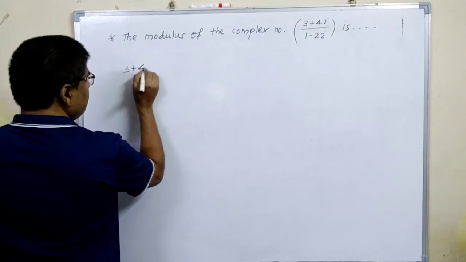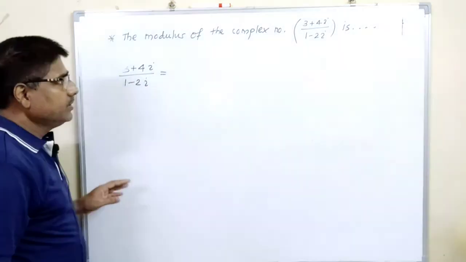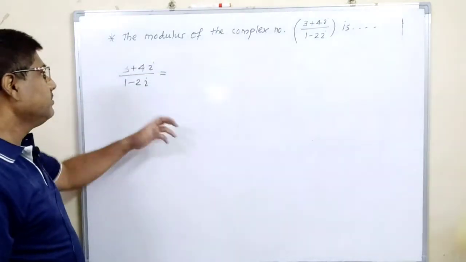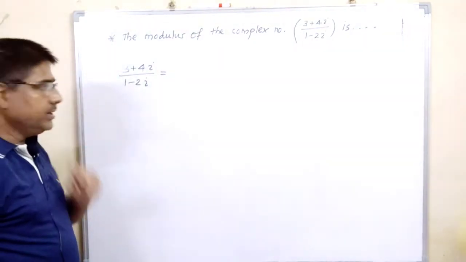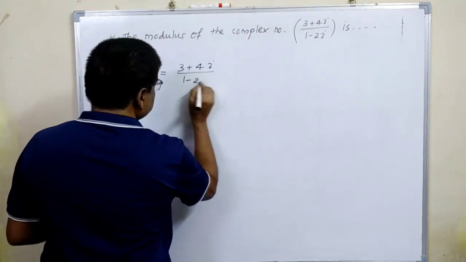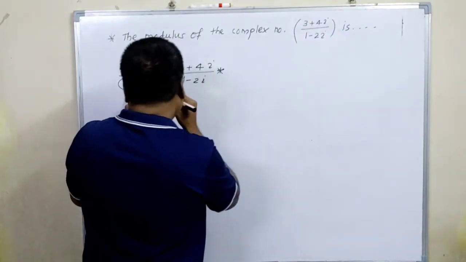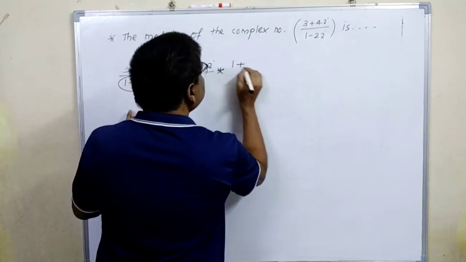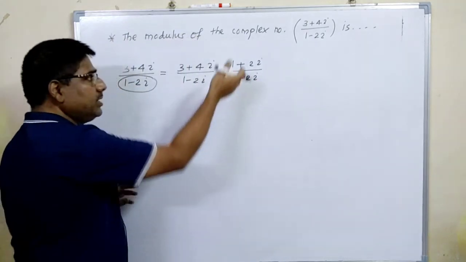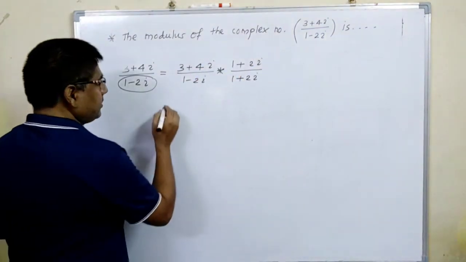To do that, multiply the numerator and denominator by the complex conjugate of the denominator, 1 plus 2i.